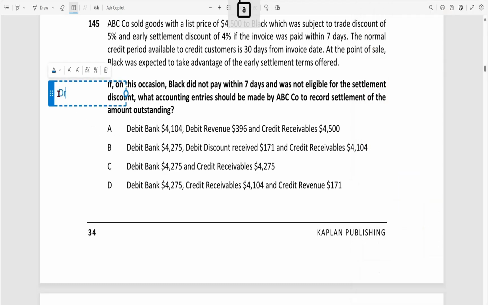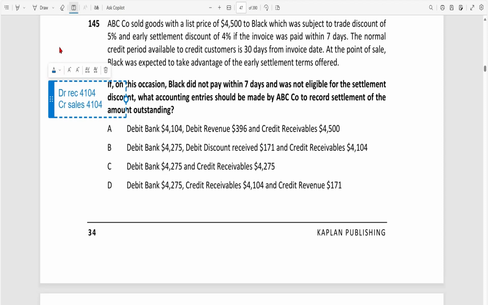So debit receivable 4104 and we will credit sales 4104. Okay, now this is also a tricky part, just focus on what I am doing.